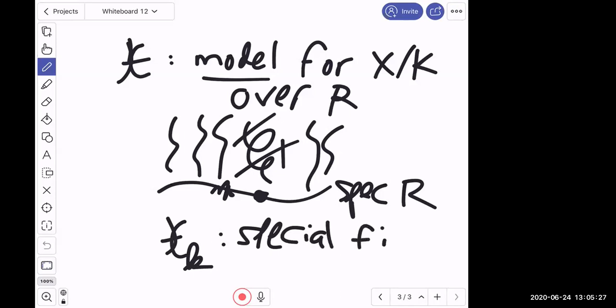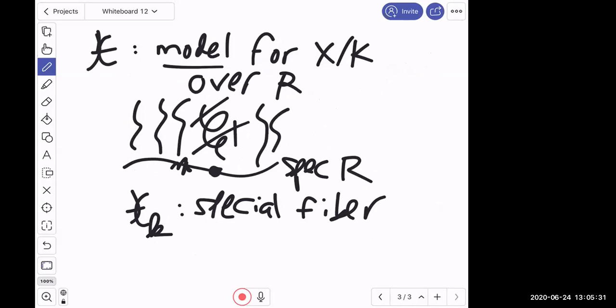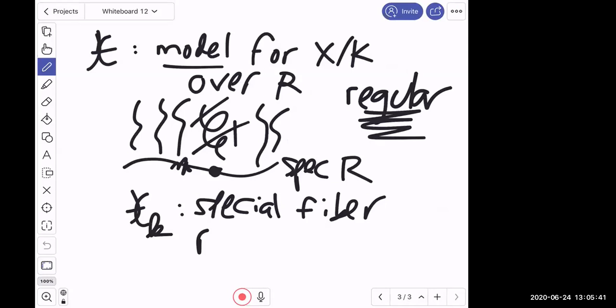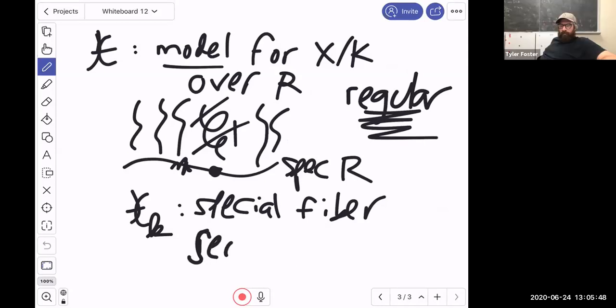And our assumption today is that this special fiber is regular. Well, sorry, I want the model to be regular, which I explained last time, and we also want the special fiber to be semi-stable.